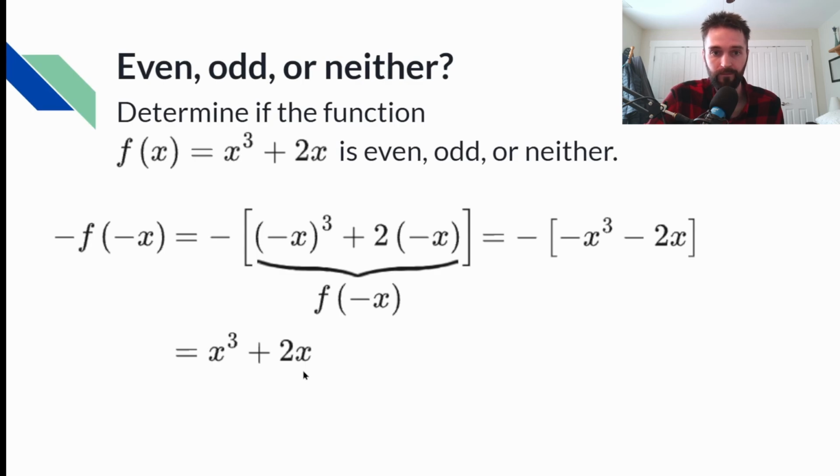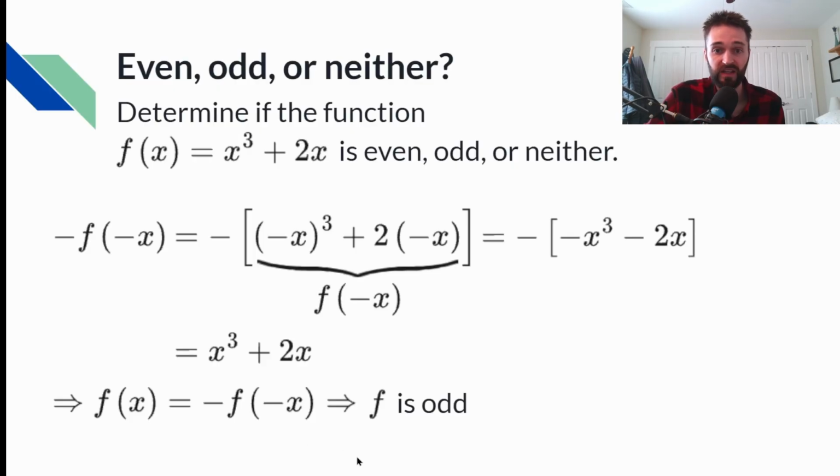And look at this. f of x equals x cubed plus 2x. So we have this equation satisfied for all values of x. Which means that the function is odd. So that's my final answer.